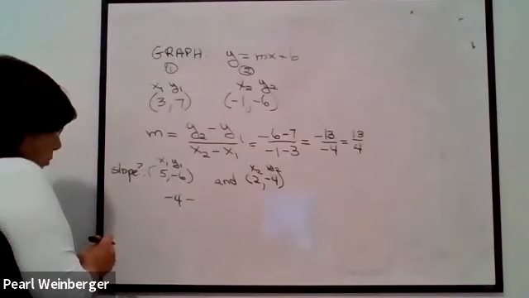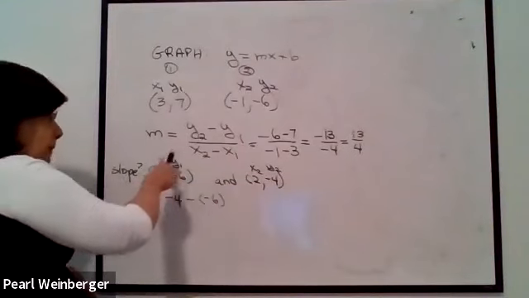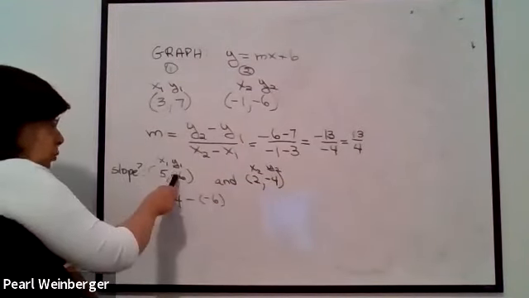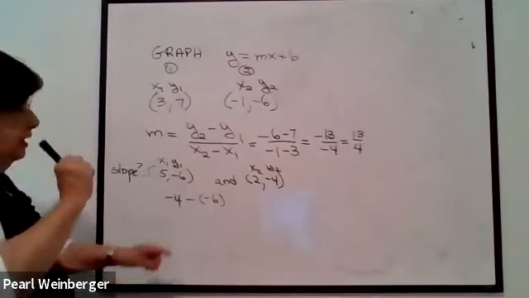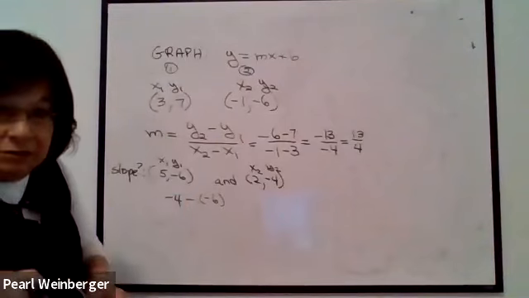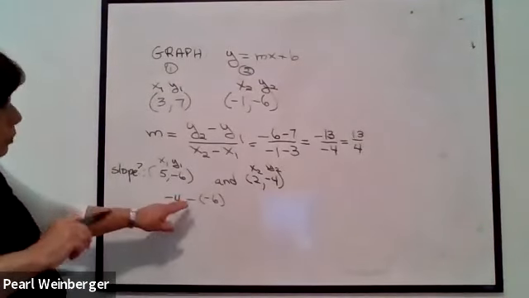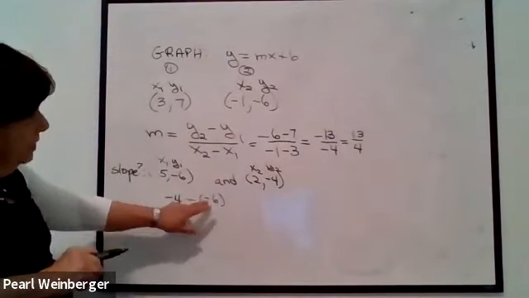There are going to be two negatives here because it's Y2, -4, minus the Y1, and the Y1 itself is negative. Notice I put the -6 in parentheses because when you have two negatives, you don't want them to slide into one another.